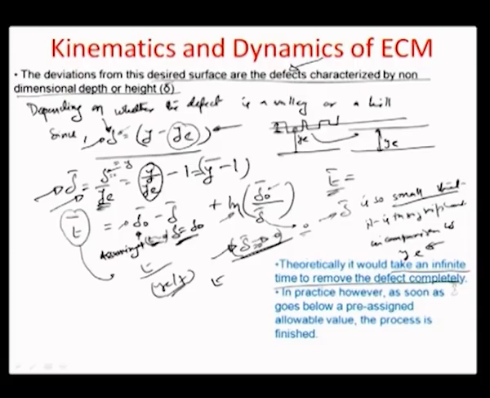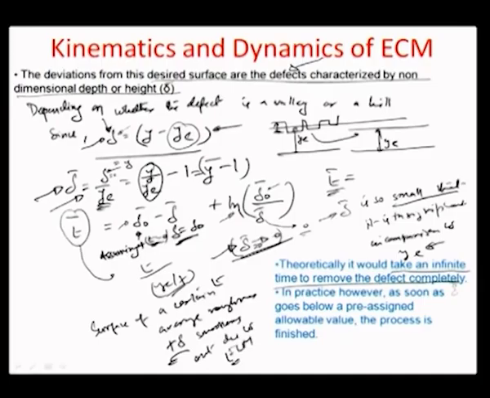So that is how you can get an idea of when a surface of a certain average roughness, again given by delta, smoothens out due to the smoothing effect of an ECM process, okay.